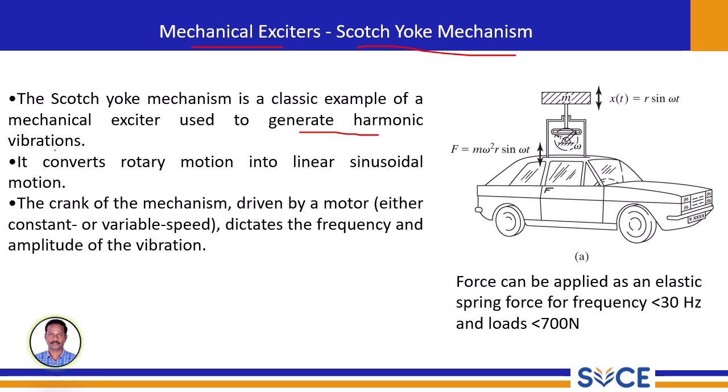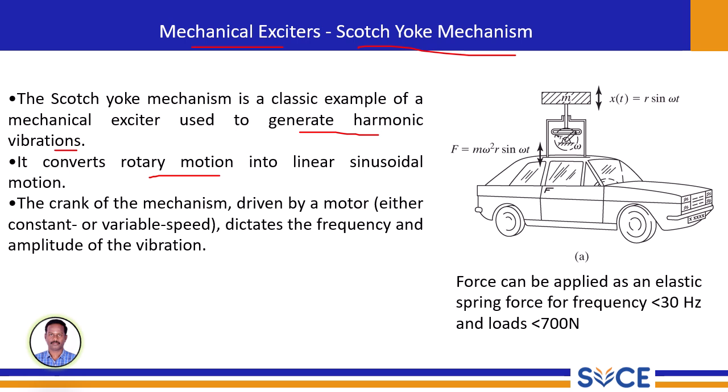At its heart, the Scotch yoke mechanism is brilliant in its simplicity. It takes rotary motion, the kind you get from a spinning motor, and converts it into a smooth back and forth movement that follows a sine wave pattern, which is the output.